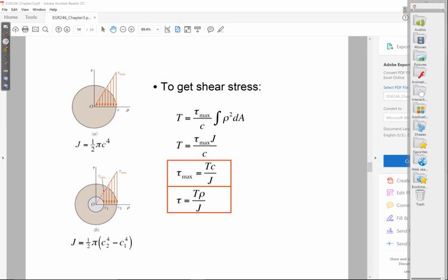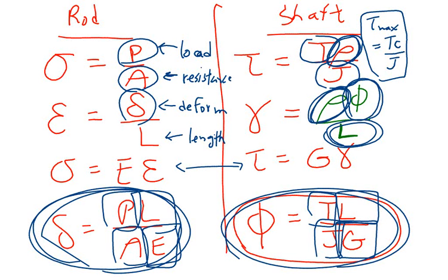Okay? What I want to get across to you is this idea that stresses and strains are actually a matter of perspective. They're a matter of how you define your coordinate axes. Now, in the case of a rod and a shaft, it's pretty obvious how you should define your coordinate axes.